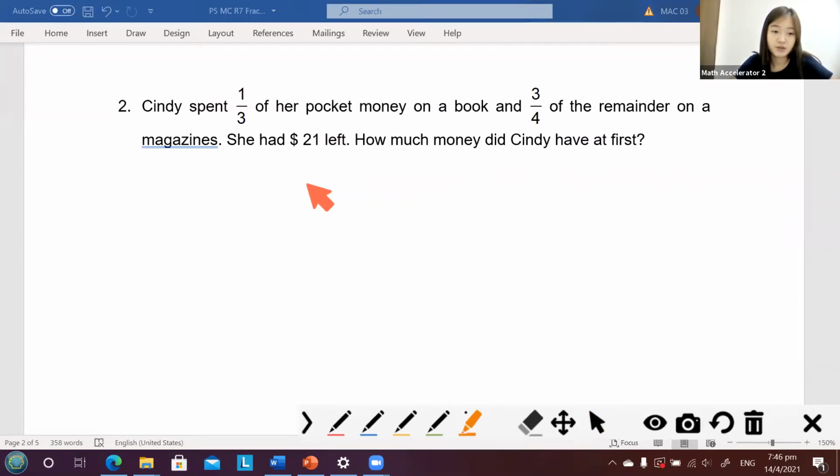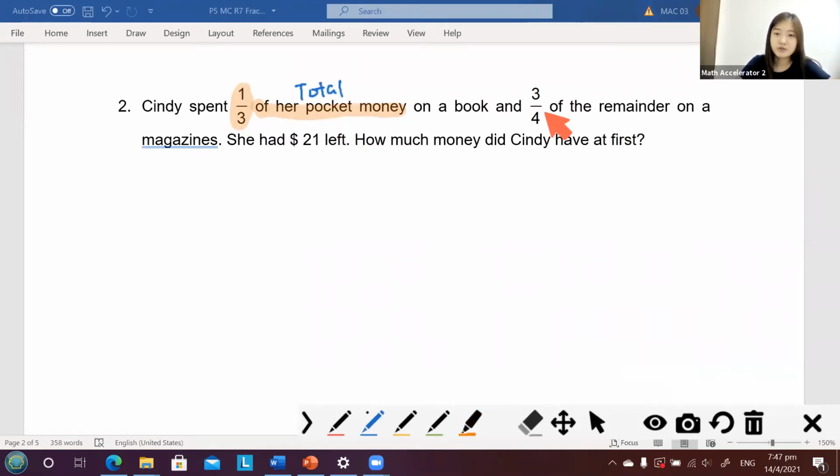Lisa, look at the denominator to split the units. Okay, so Cindy spent 1/3 of her pocket money on a book, 1/3 of her pocket money. So this 1/3 is belonging to all her pocket money, total.